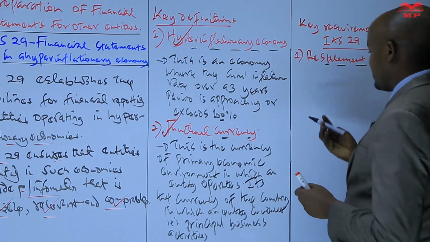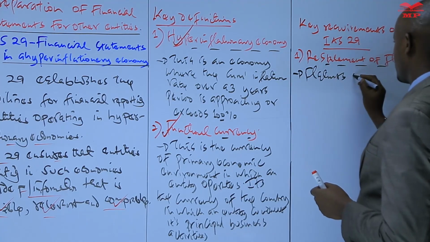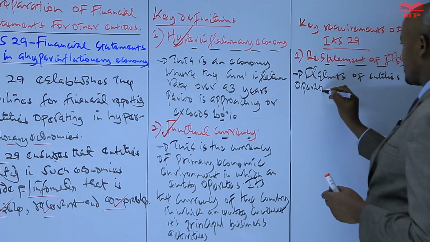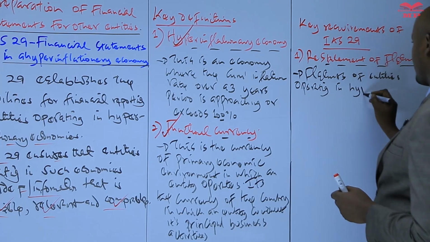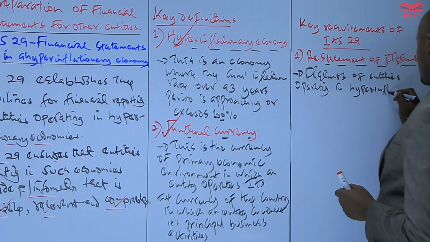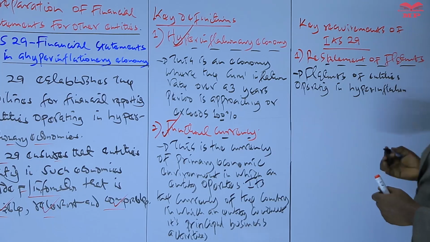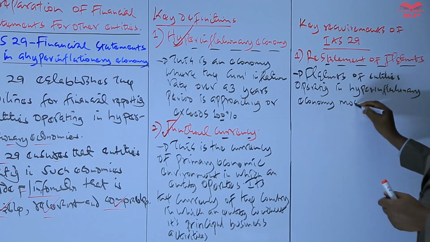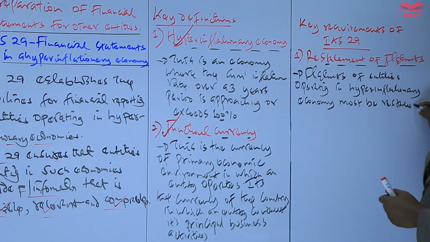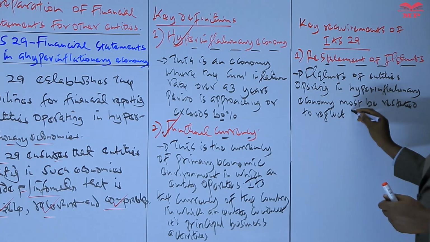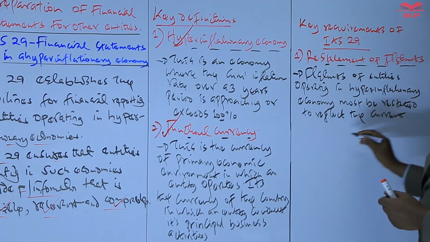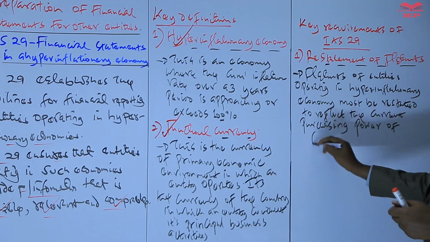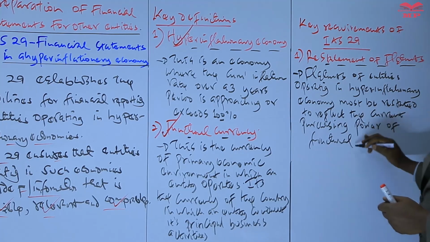So we can say financial statements of entities operating in a hyperinflationary economy must be restated to reflect the current purchasing power of the functional currency.